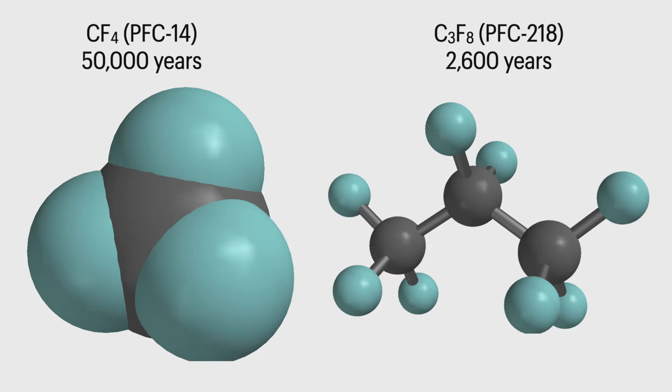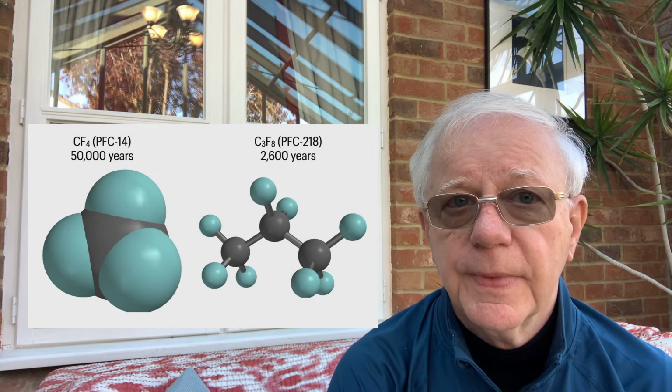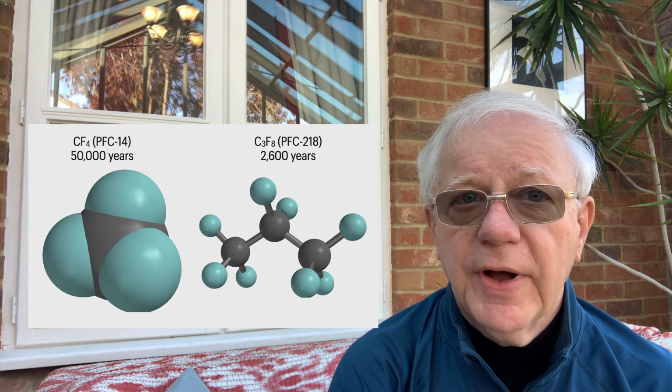With slightly longer chain molecules like perfluoropropane, the residence time decreases, but still is over 2,000 years. Perfluorocarbons, PFCs, are not viable substitutes for CFCs because of this detrimental effect on global warming.